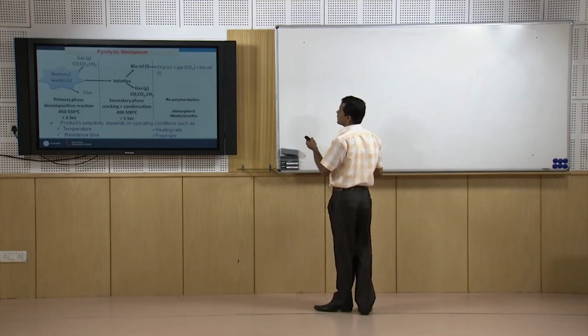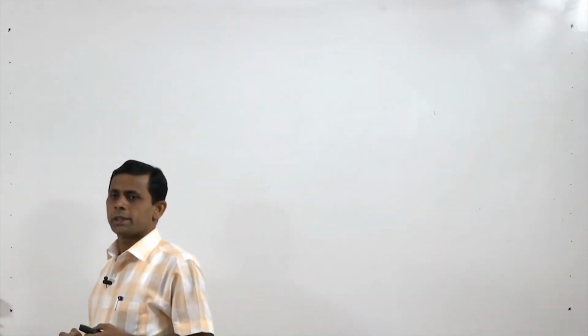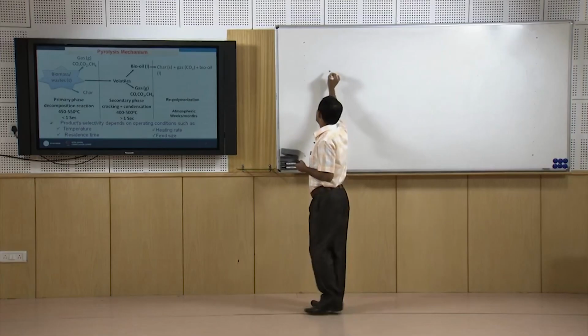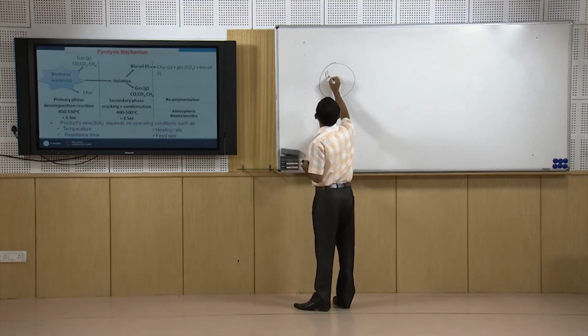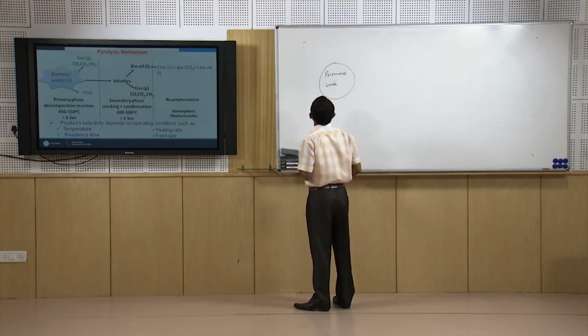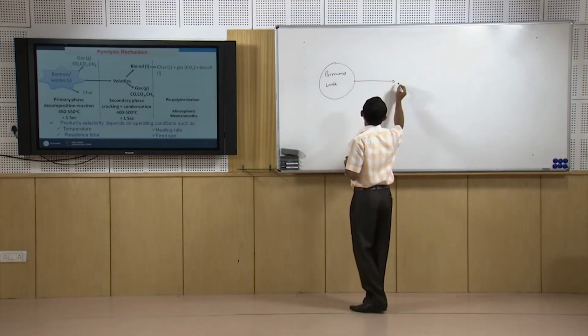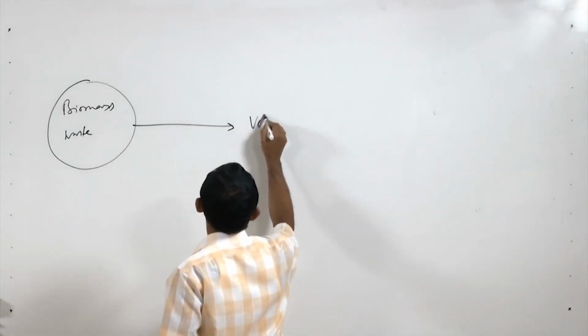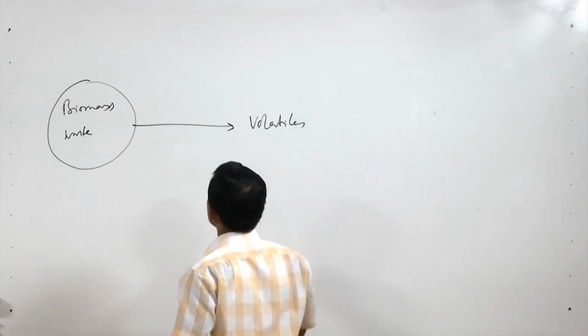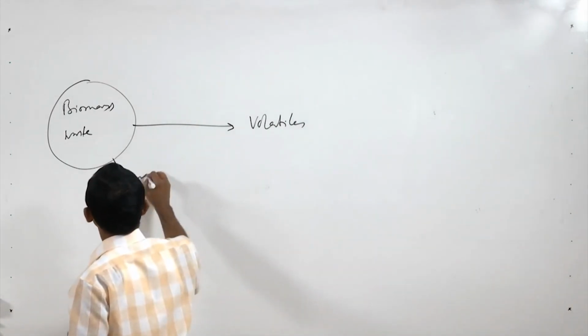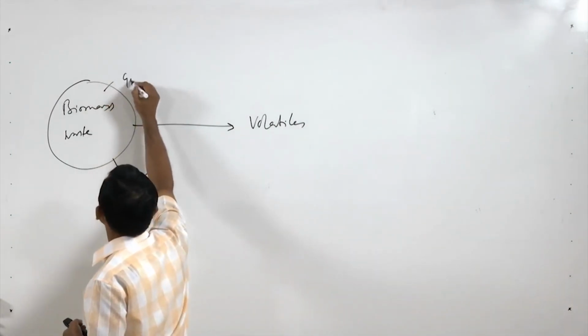Here the pyrolysis mechanism is shown in the slide, where the biomass and waste is taken and heated, and then it gives volatiles, char and also gas.